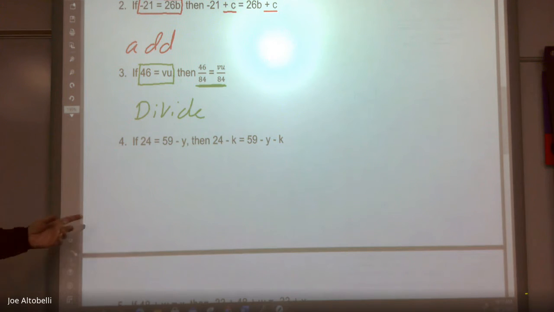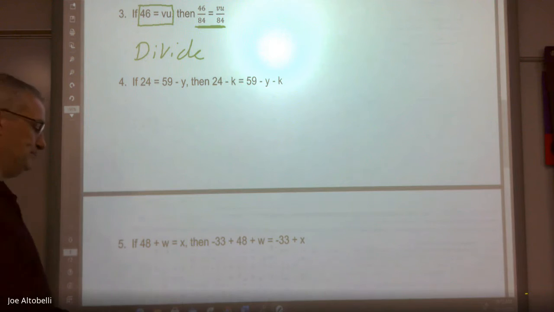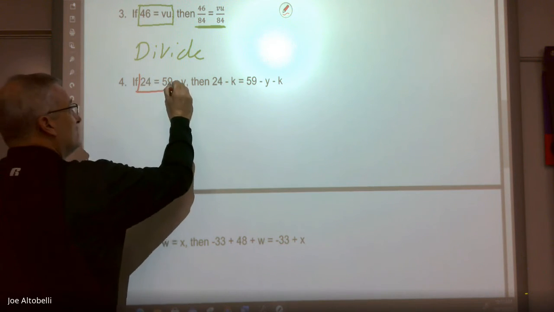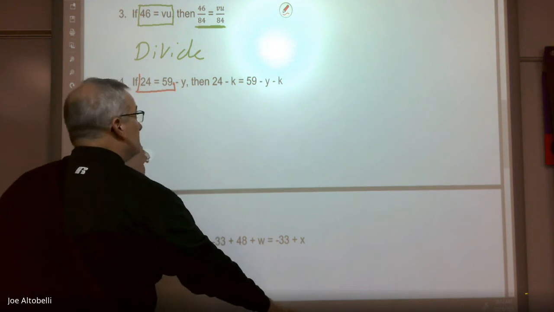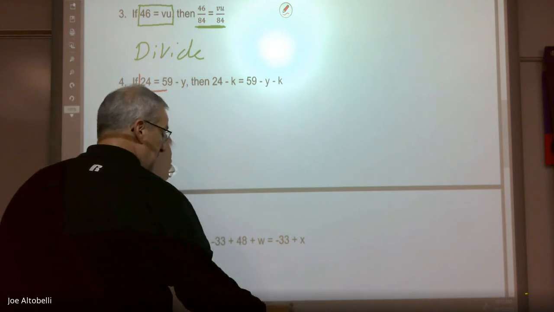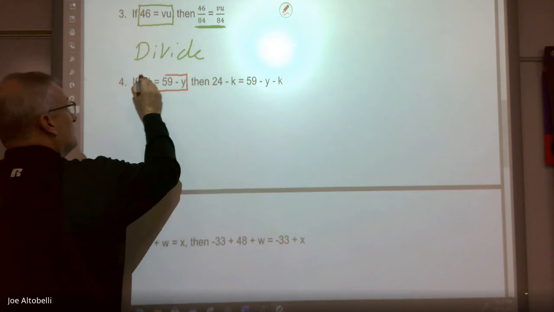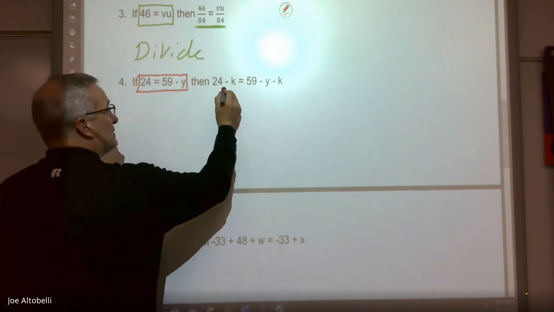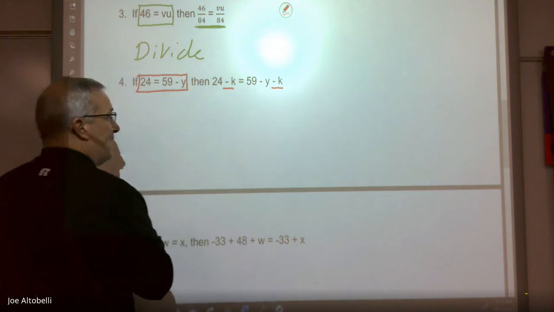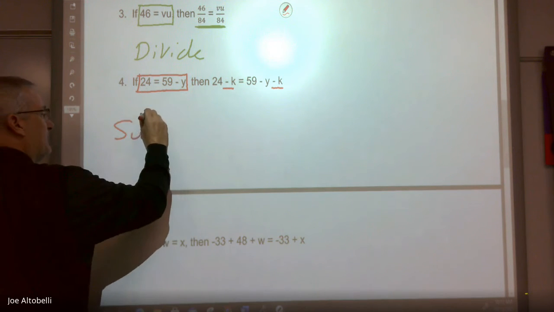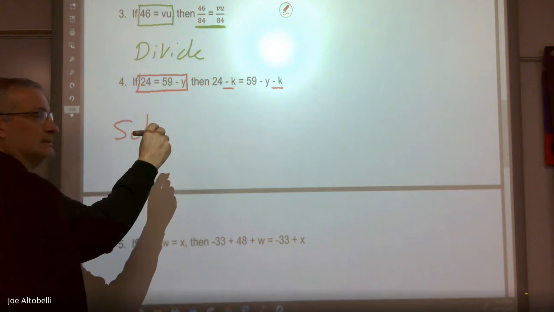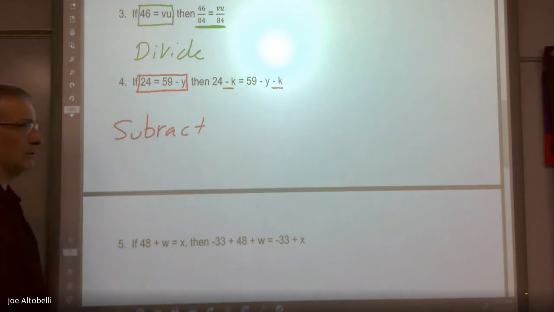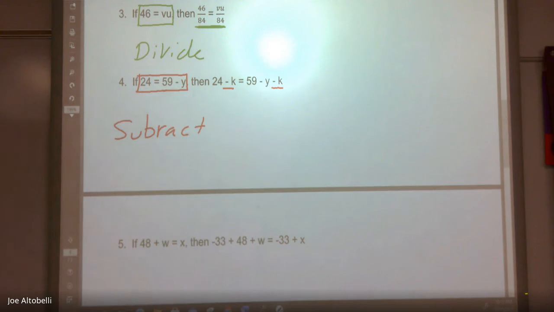Number four, here is, whoops. There's the given, and what is happening to both sides is the subtract k, so it's the subtraction, or yeah, they call it subtraction. So we're subtracting on both sides.